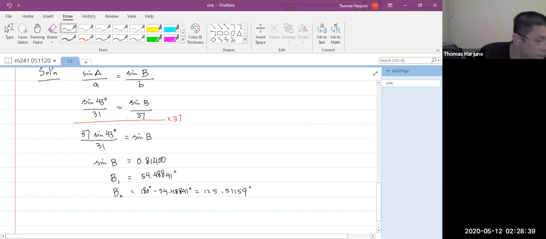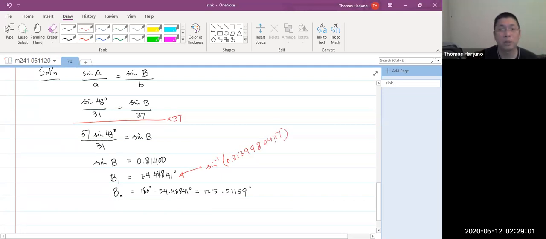The one I used earlier, to get this, I used sine inverse of the more accurate number, 0.8139980427. Okay, that's what I get. Let me erase this for a while.